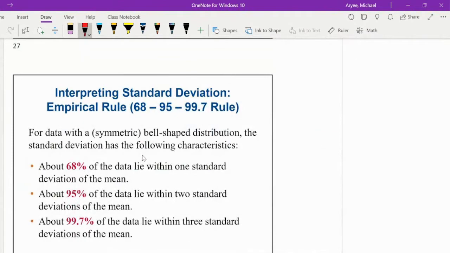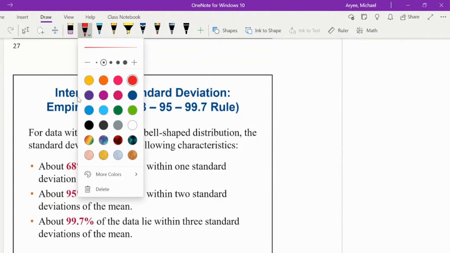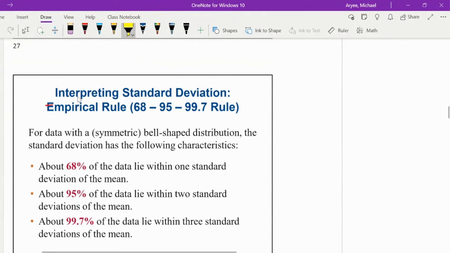The second way we can apply the standard deviation is through what we call the empirical rule. All right, the empirical rule is also popularly known as the 68, 95, 99.7 rule.